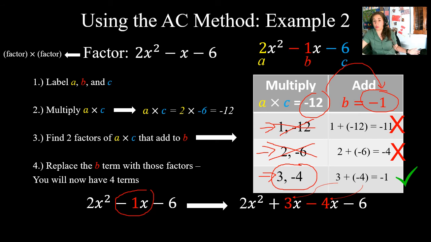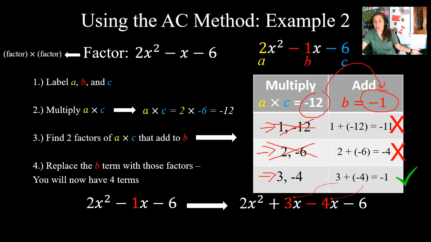Those are the ones I was looking for. This polynomial and this polynomial are completely equivalent because 3x minus 4x is -1. So 2x squared minus x minus 6 is the same thing as 2x squared plus 3x minus 4x minus 6. Okay, they're completely equivalent.